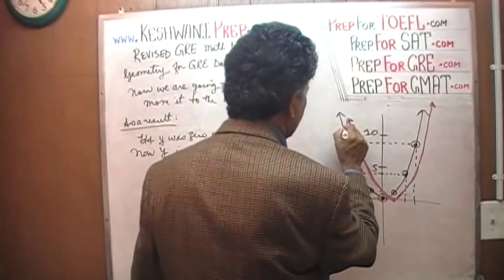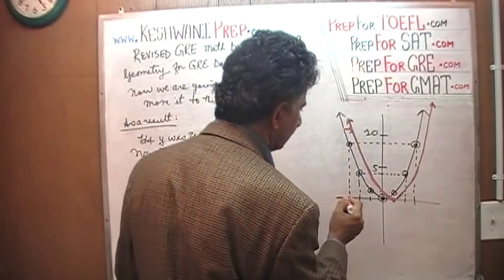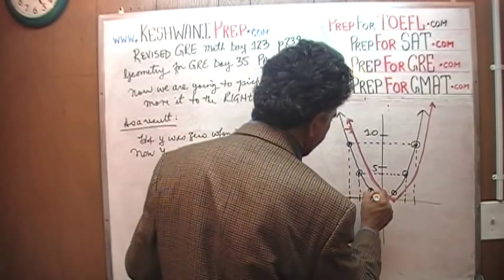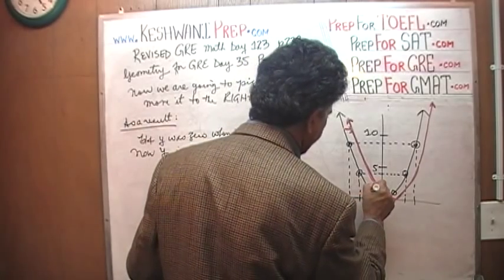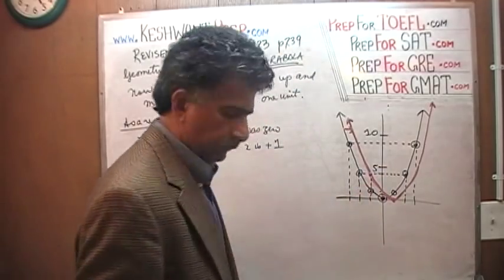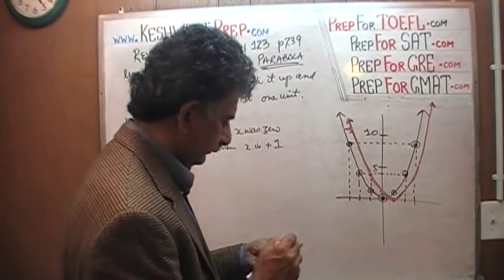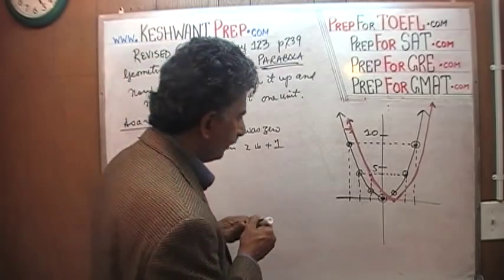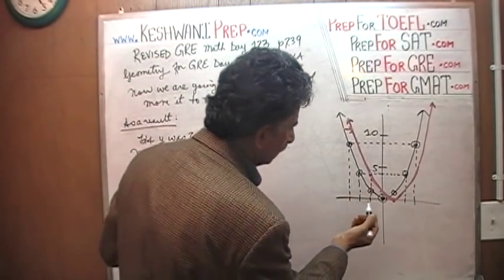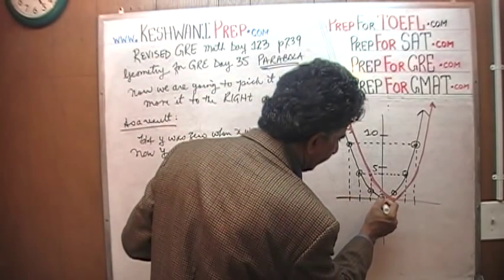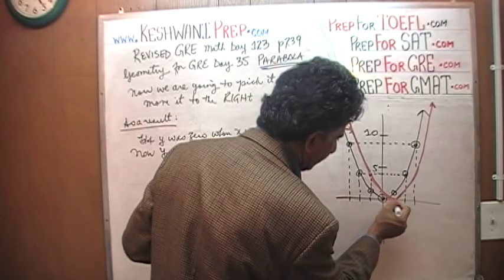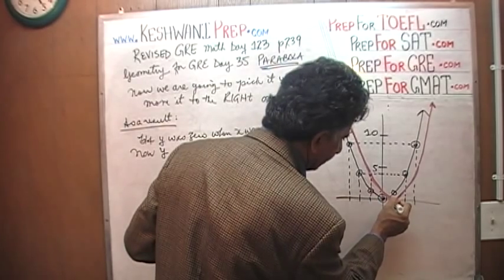Just 1 unit. From here to here is a shift of just 1 unit. See? Right here, before, y was 0 when x was 0. Now y is 0 when x is 1.